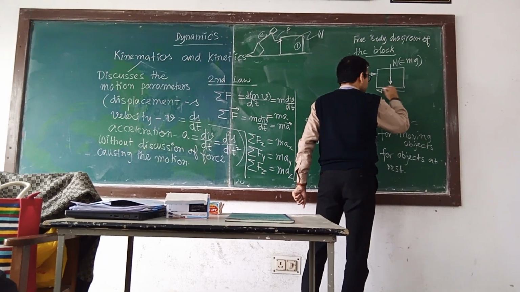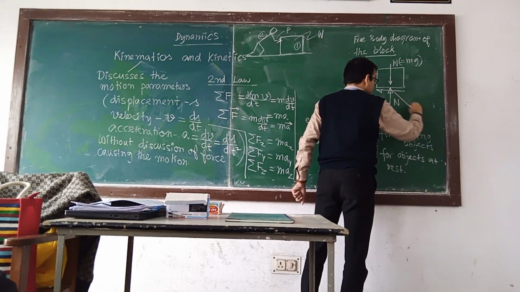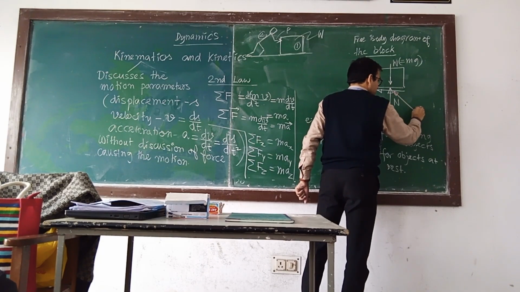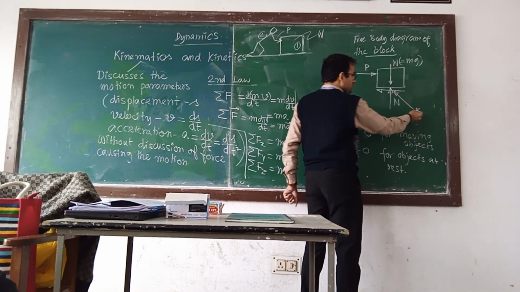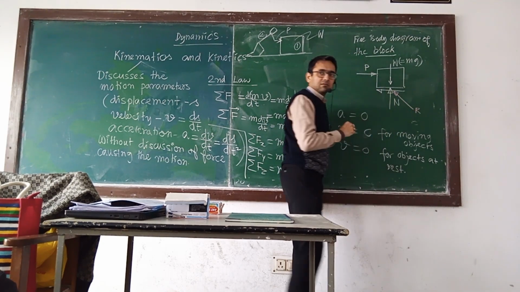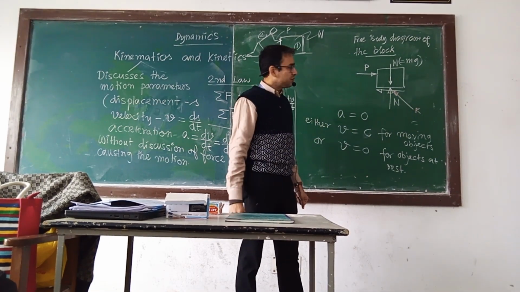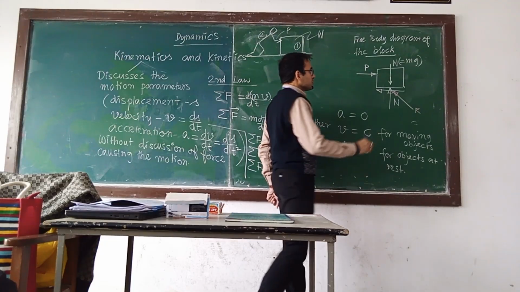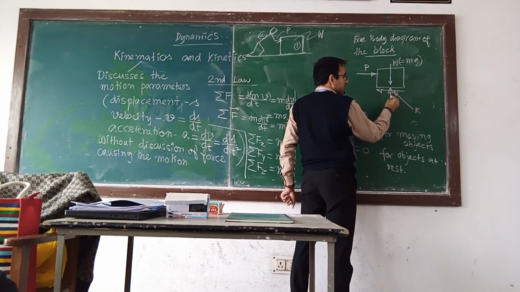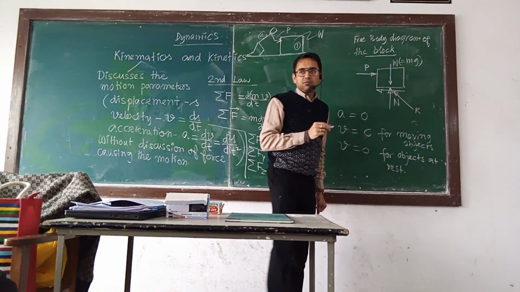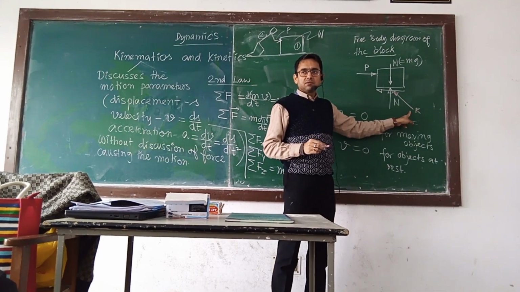So it will be in this direction, and that is say R. This is the resultant of this and this, right? So it is the surface reaction. This is normal and this is tangential, and the resultant is this, right?